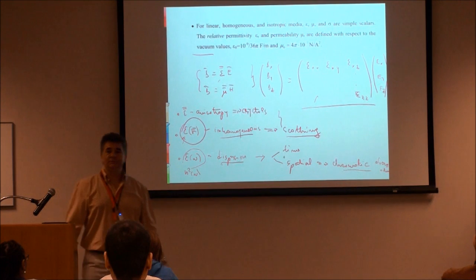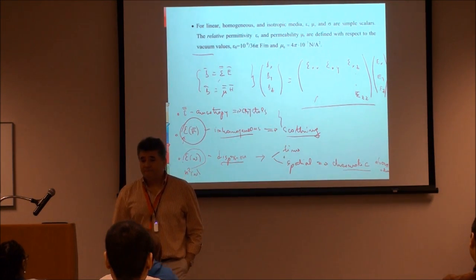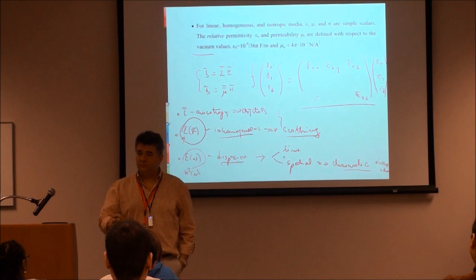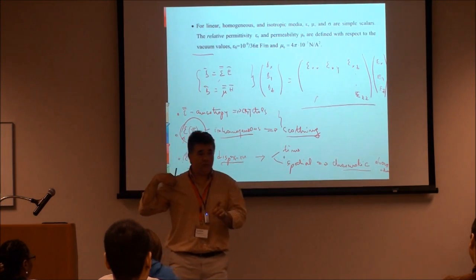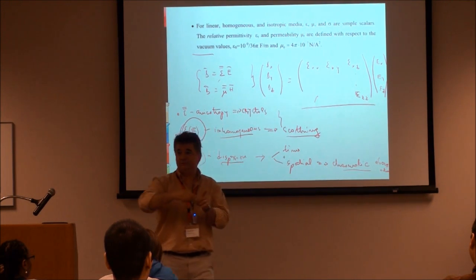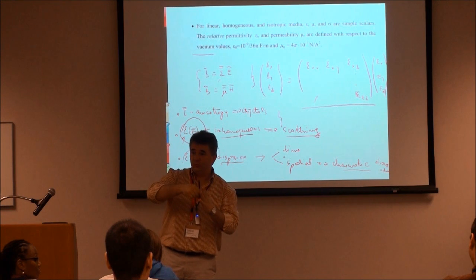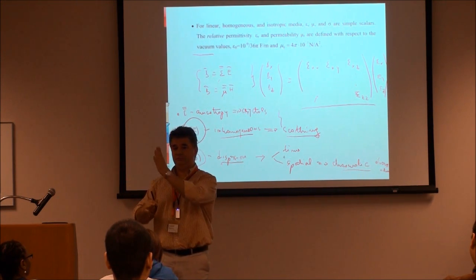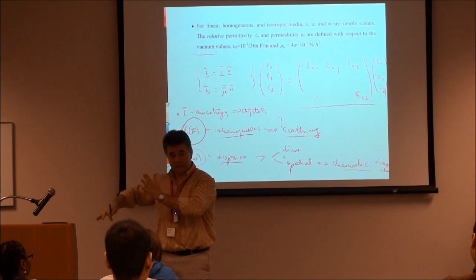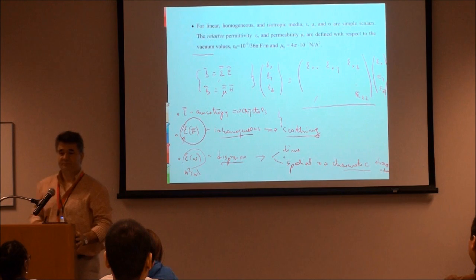What does that mean? Property changes. So during the pulse interaction with my material, the response, let's say at the beginning of the pulse, when the pulse hits the material, is not changing. By the time the middle of the pulse is in and the end of the pulse, that response changed.